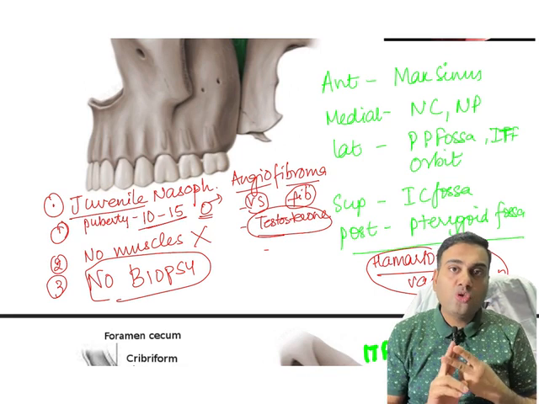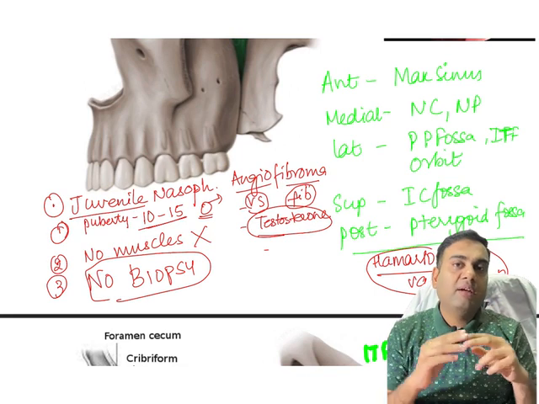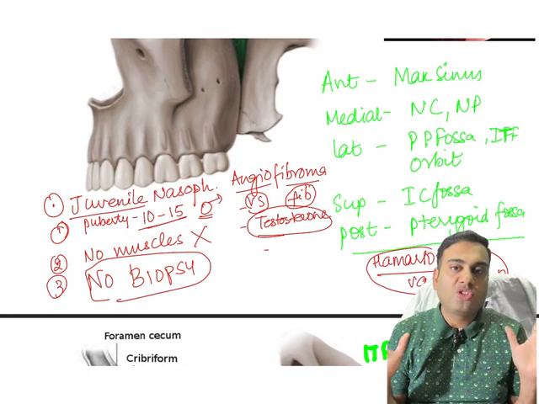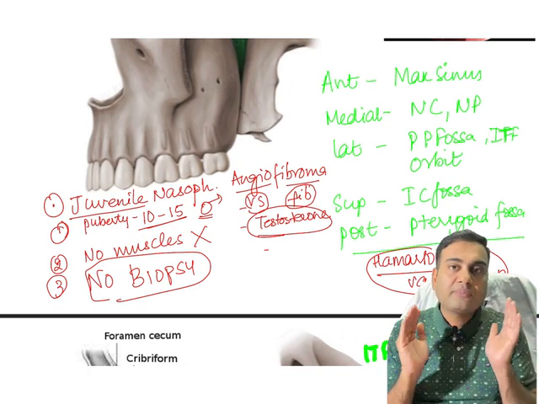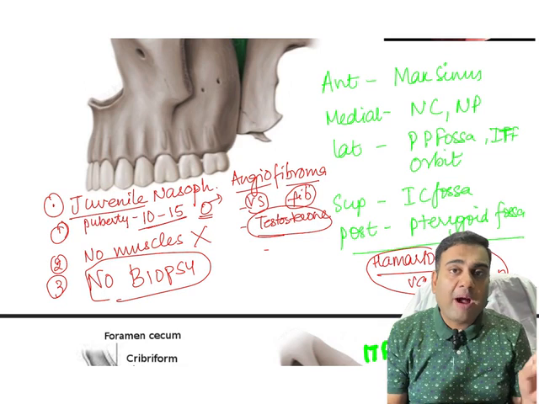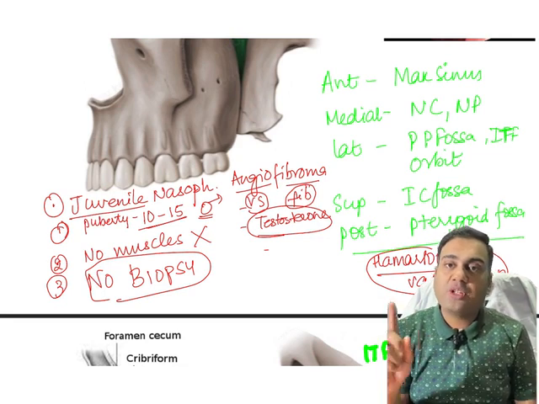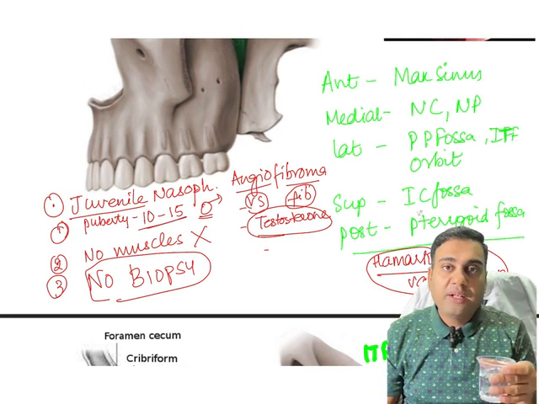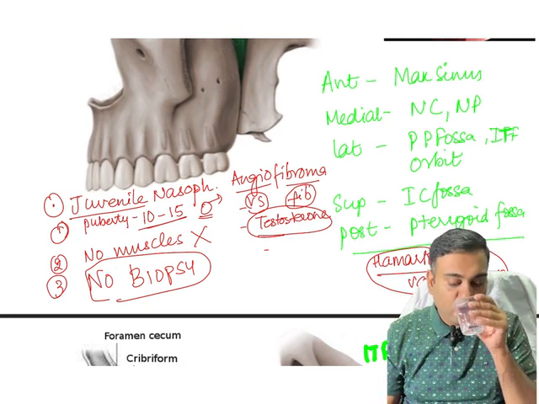Second, there is no muscle in the vascular wall, so no contraction will happen once it bleeds. And third, no biopsy, only clinical examination and radiological finding. That is your important 3 points. Please don't forget.